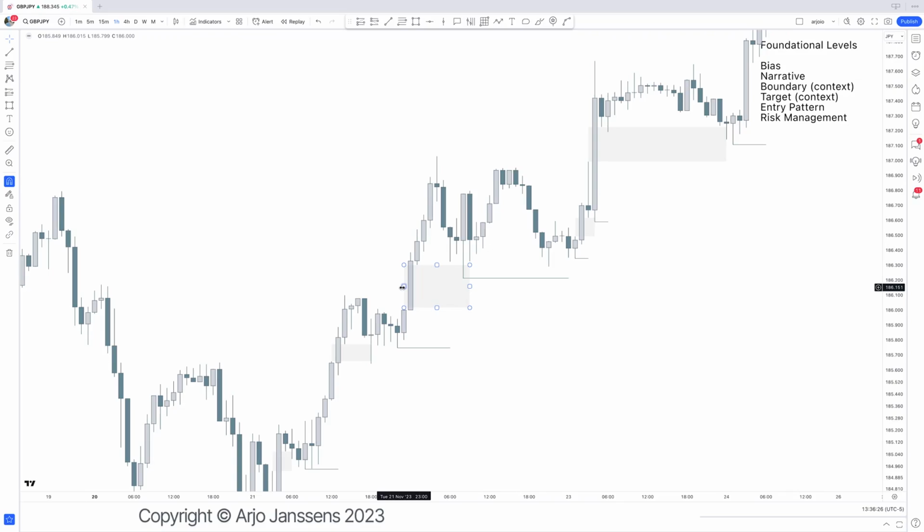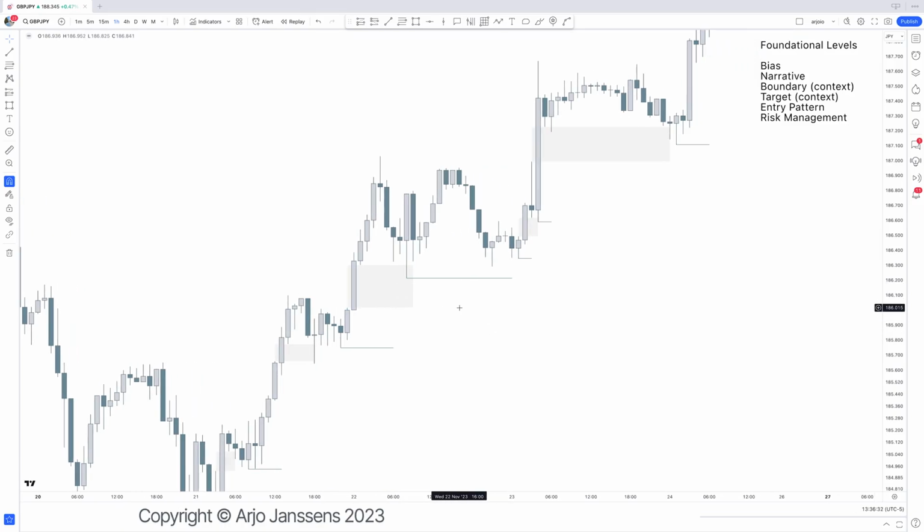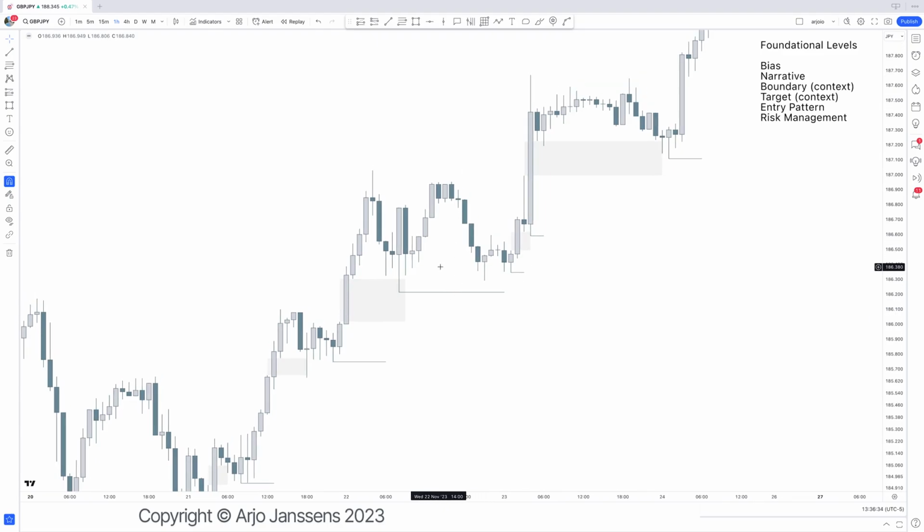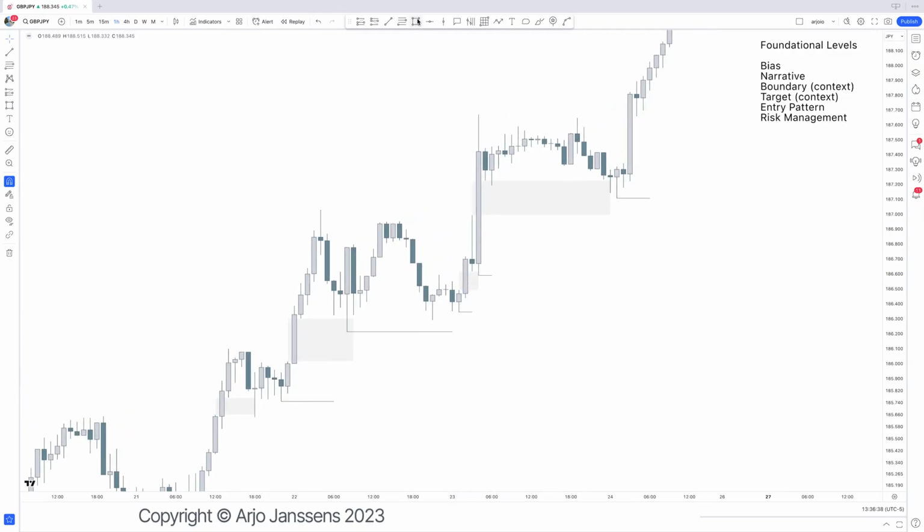There's a very specific choice for that, which we'll go over in a few minutes, so don't worry. But this already filtered out a lot right there, which then creates your narrative. So if we are going higher in this leg, then where are we going higher from? Your only choice right there is almost that fair value gap. It's almost your only choice.